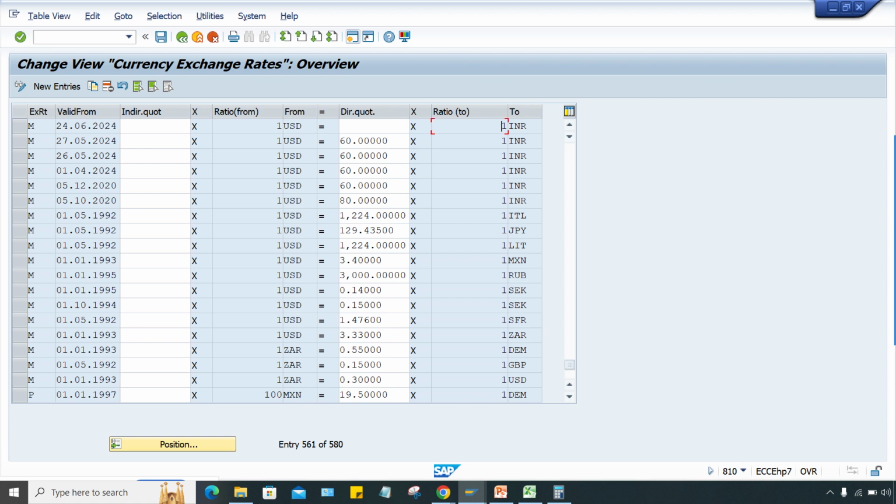Now here, if I say 80, it means this is one US dollar and this is rupees. So one US dollar equals how many rupees? 80 INR. Or else here I can say 0.0125, in the sense one Indian rupee equals how many US dollars?